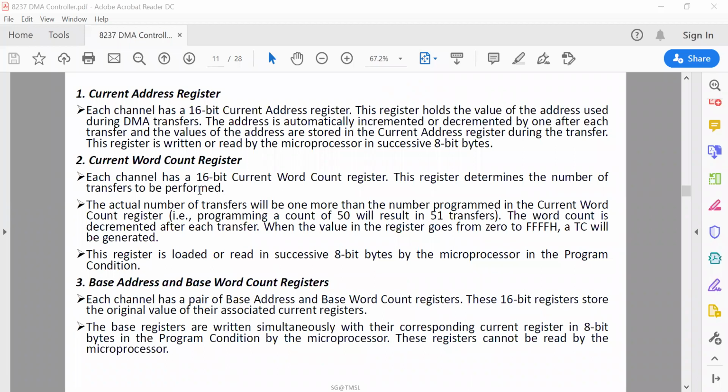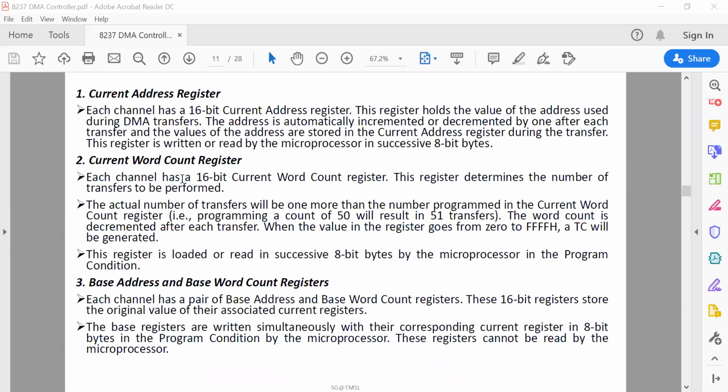Second register is the current word count register. Each channel has a 16-bit current word register that holds the count value of the data bytes which will be transferred from one position to another. The word count is decremented after each transfer of data, and the new value is again stored back in the current word register.